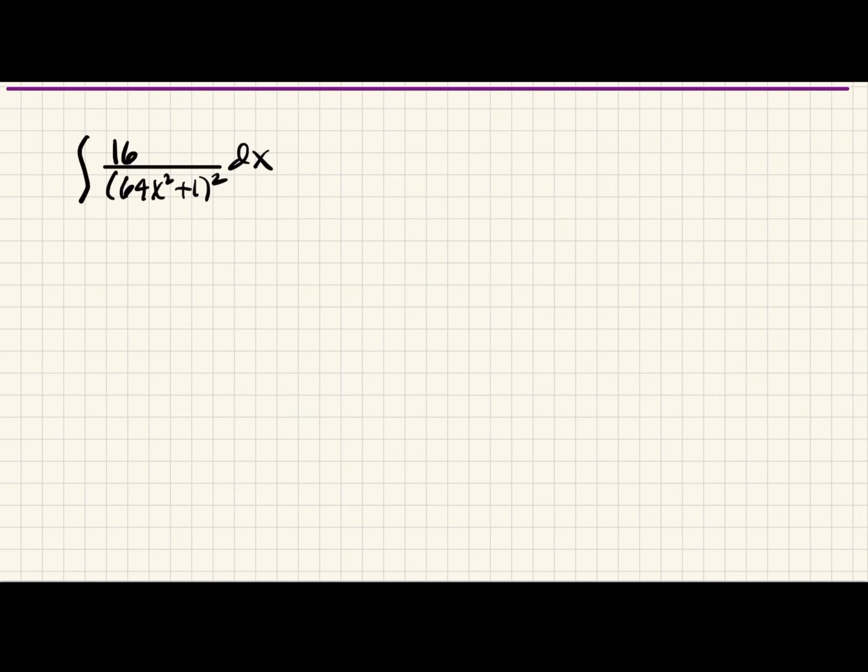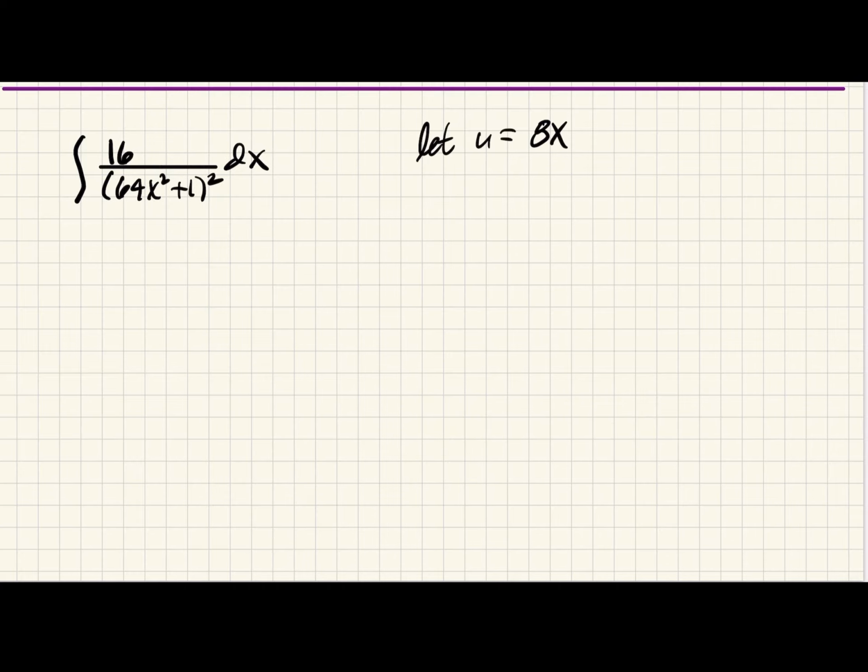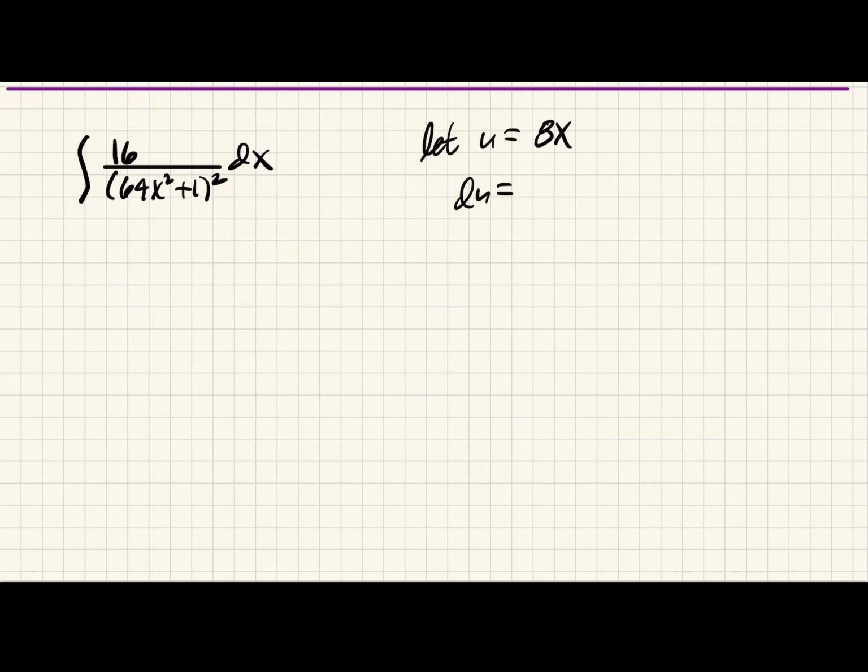All right. So if I was me, I would probably do this. So du will be 8dx, and 2du will be 16dx.